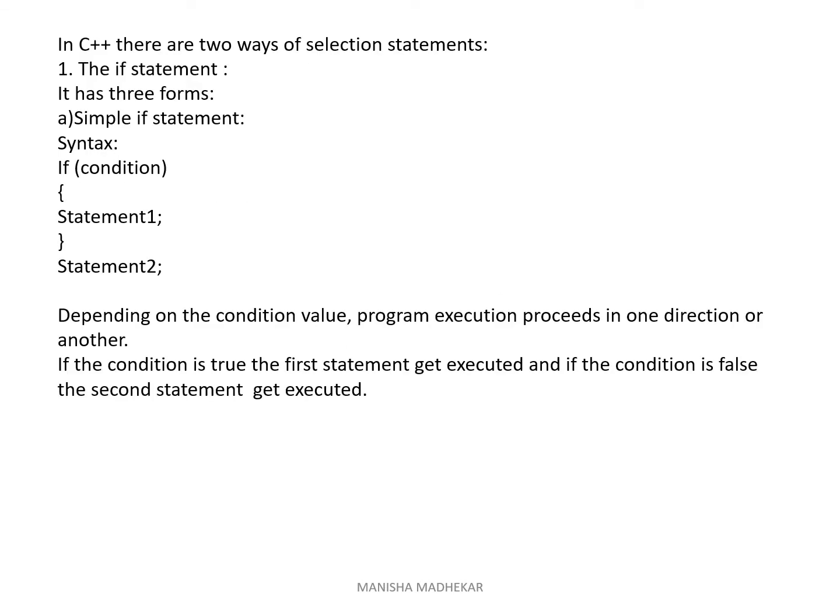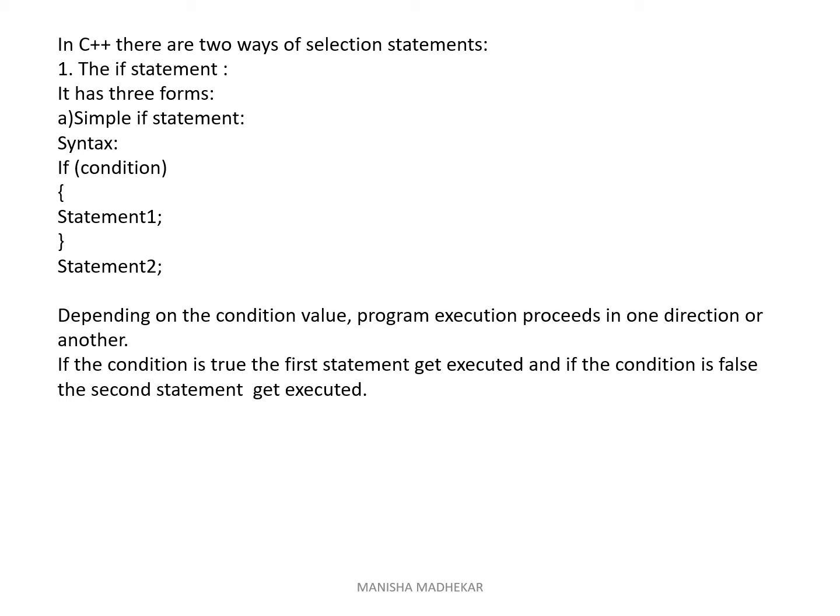In C++, there are two ways of selection statements. The if statement has three forms. First is the simple if statement. The syntax for writing a simple if statement: if, in brackets the condition, then an opening curly bracket, statement 1, closing curly bracket, and statement 2.